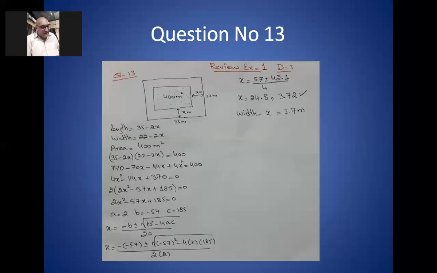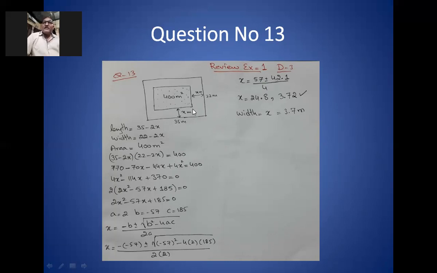It says, given that the part of the floor which is not covered by the tiles has a uniform width of x meters, write down an expression in terms of x for the length and the breadth of the floor covered by tiles. So we know this external width is 22 meters, external length is 35 meters. The question is, what is the length here and what is the width here? You know this external width is 22.